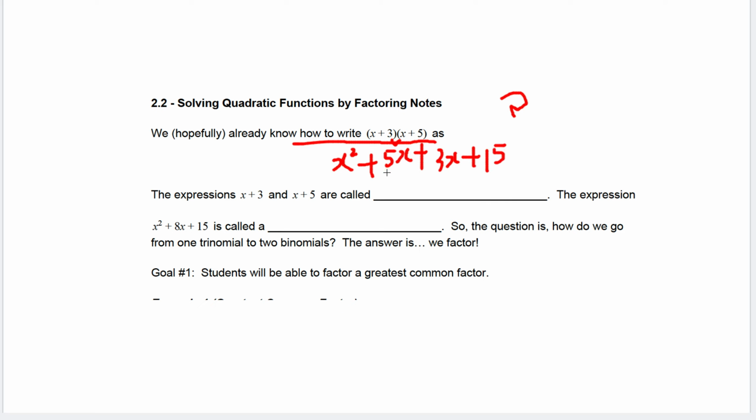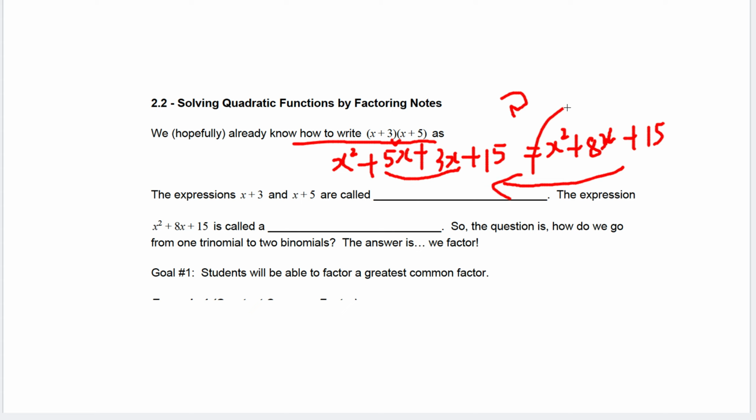Then we can combine the 5x and the 3x, so that is 8x. So what we get is x squared plus 8x plus 15.